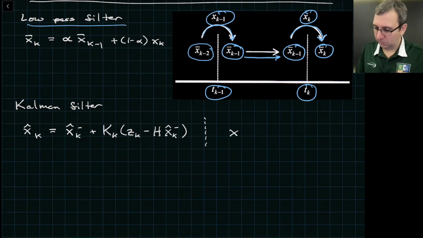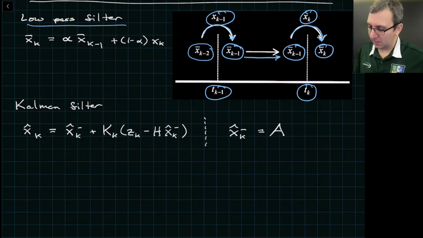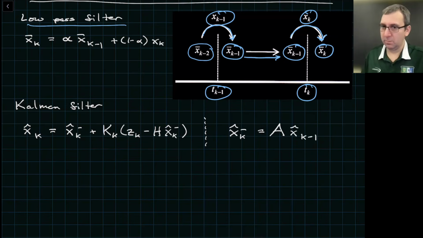Now, what have we assumed for what x_k minus is? We're saying this is A, whatever our A matrix is, times the previous estimate. So I'm going to substitute that in wherever I see x_k minus. Wherever I see this prediction, I'm going to put the formula over here.